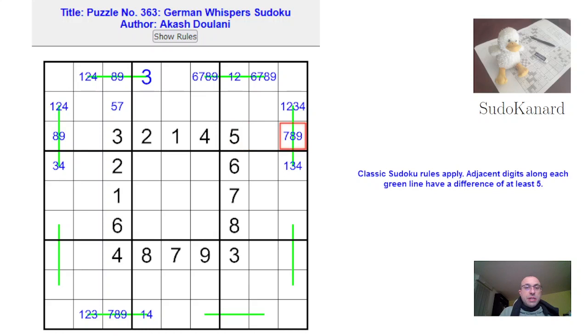So what about this? Well, here, 7, 8, 9 here, and this can't be a 6 for the reason I mentioned earlier. 6 would have to be surrounded by 1 and 1. So those 2 are small digits, and they have to be 1 and 2 because 3 and 4 are already taken.